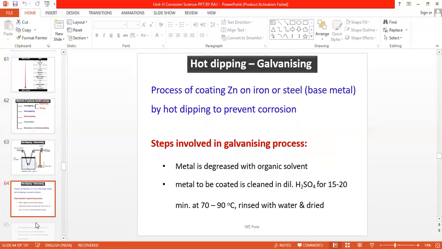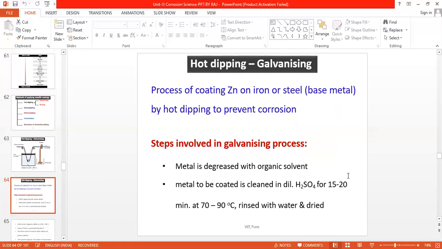So we will summarize this method as: the process of coating zinc on iron or steel as a base metal by hot dipping to prevent corrosion is called galvanizing. The steps involved in the process are: metal is degreased with organic solvent to remove surface impurities.